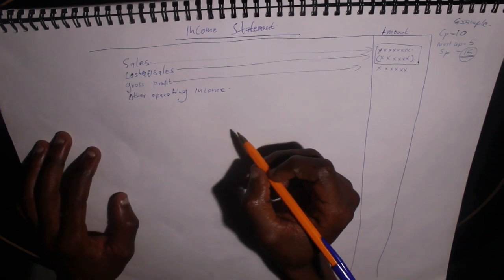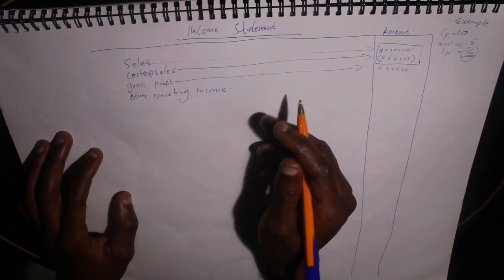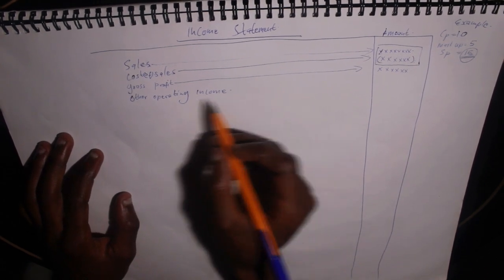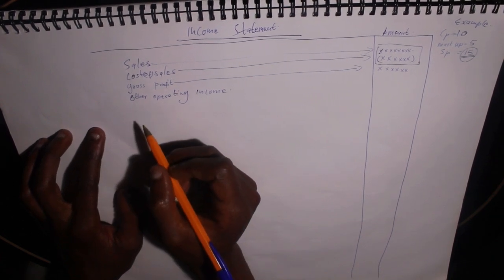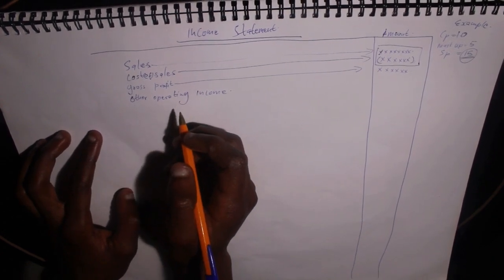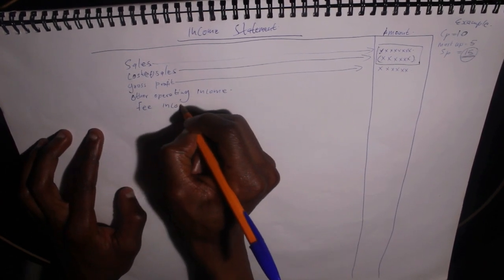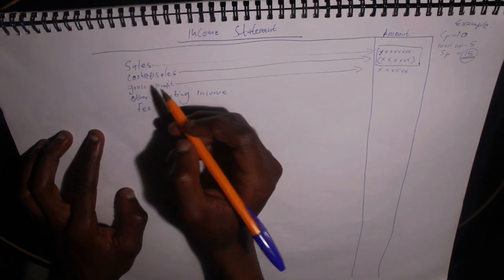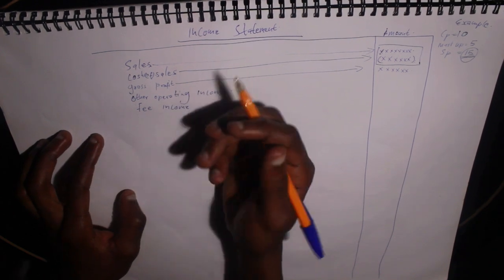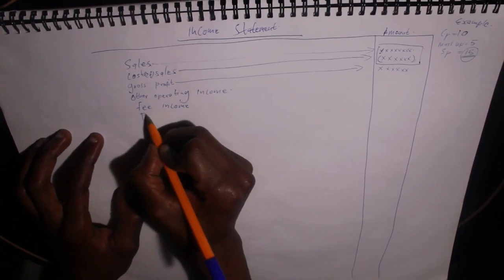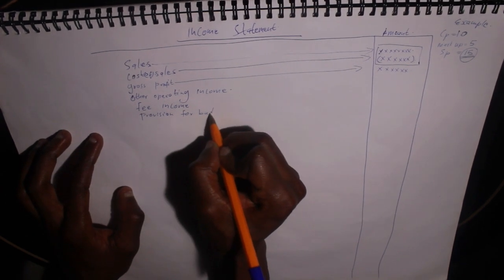Other operating income. When we talk about other operating income, we focus on all our operating income. So we're going to mention and list all the income we have in our business. For example, your fee income. Another example would be your provision for bad debts.